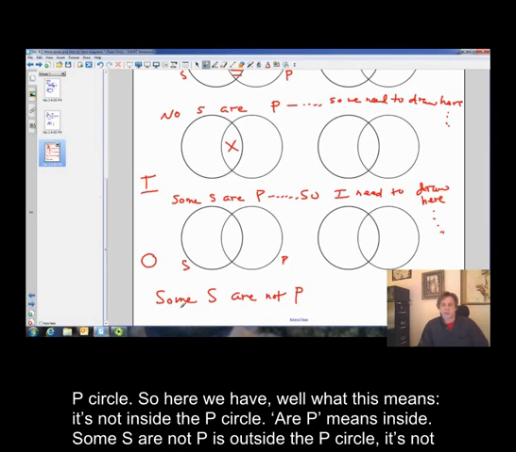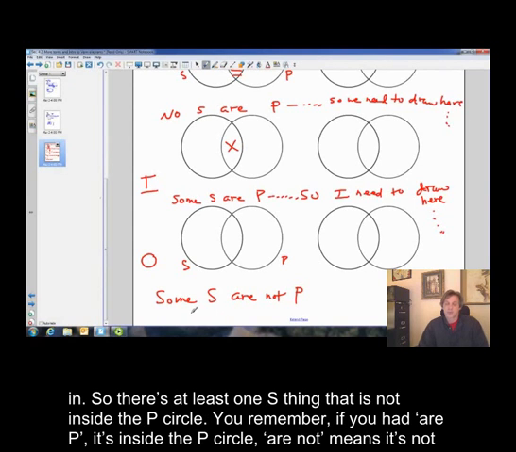Okay? So here we have what this means, it's not inside the P circle. R P means inside. Some S are not P is outside the P circle. It's not in. Okay? So there's at least one S thing that is not inside the P circle.